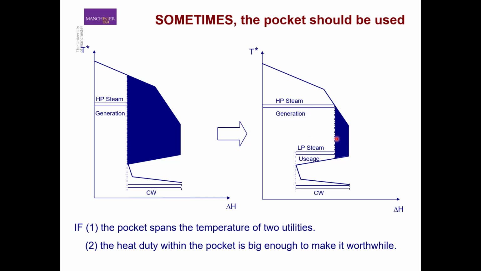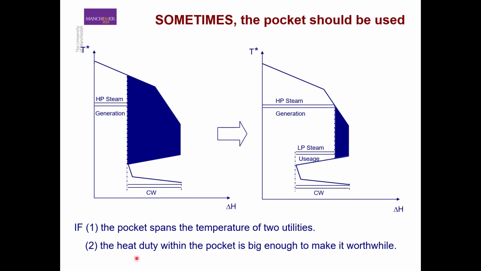So we can use this pocket. But if this pocket was only till here, only in this part here, then we are very much limited because we cannot generate steam and then use it for a steam turbine and then use the exhaust of that at a lower level.